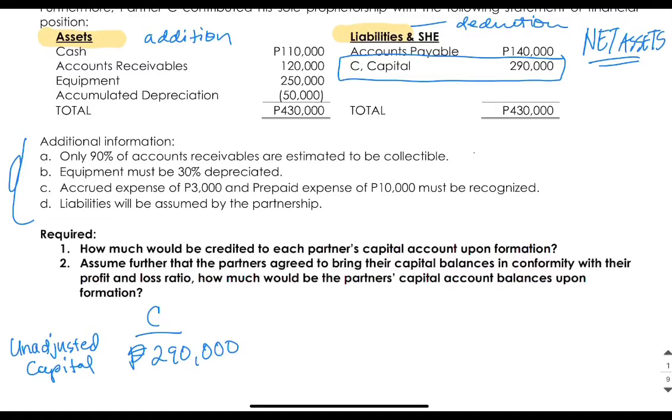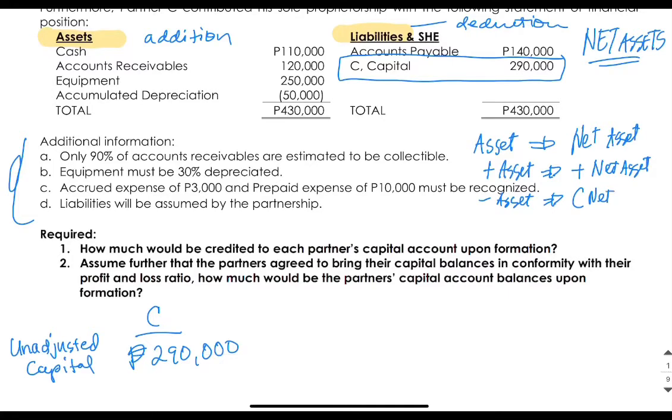If the adjustments pertain to an asset, then it has a direct effect on the net assets or net contribution of the partner. So meaning, if there is an increase in asset, the adjustment will call for an increase also in net asset. So if there is a decrease in asset, then the adjustment would be a deduction to net asset also.